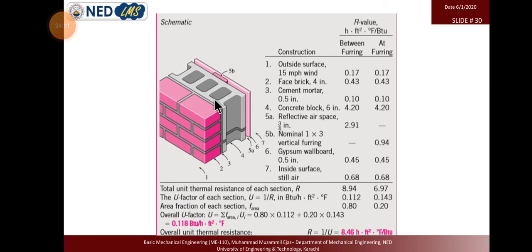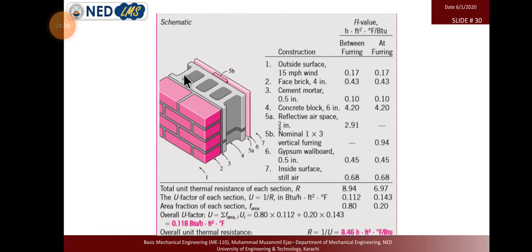You have seen hollow bricks used especially in the UK for insulation, basically to avoid heat loss from inside to outside.